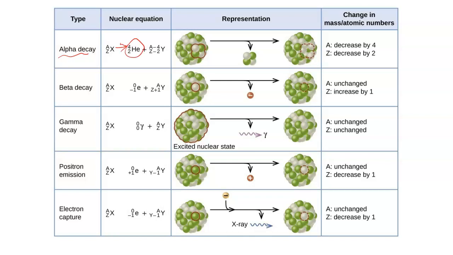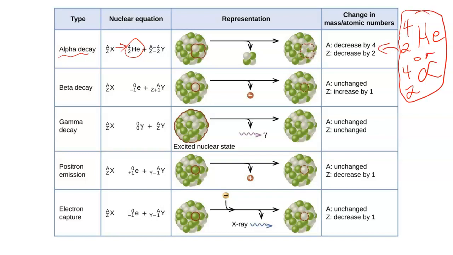So remember, our helium nucleus is our alpha particle, so 4,2 He or 4,2 alpha is our alpha particle. Our A number is going to go down by 4. Our Z number is going to go down by 2. So this just kind of summarizes some of those. We'll look at that, and you also have this in your reading.